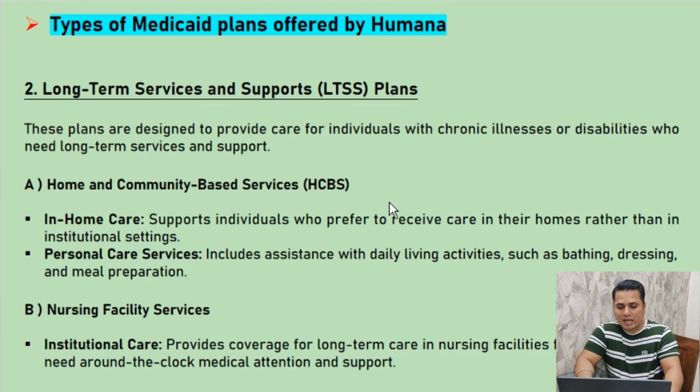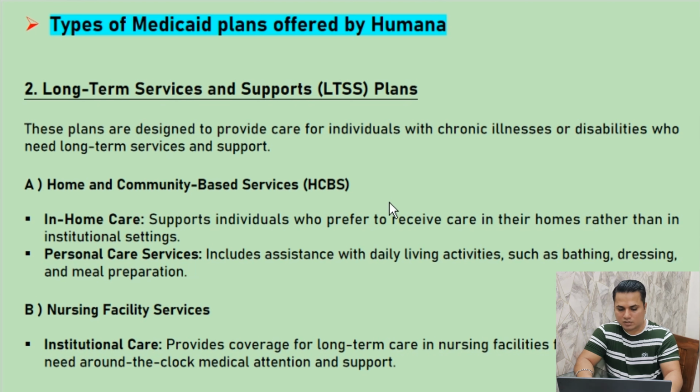These plans are designed to provide care for individuals with chronic illness and disabilities who need long term services and support. A. Home and community based services, which is also called HCBS in short. In-home care supports individuals who prefer to receive care in their homes rather than in institutional settings.